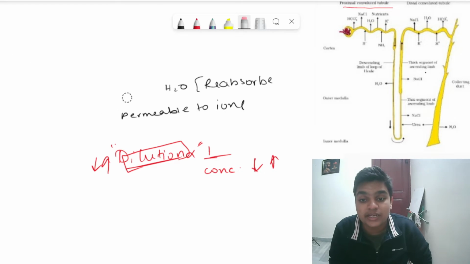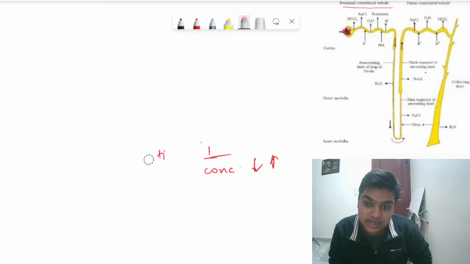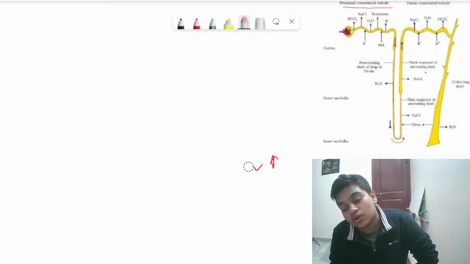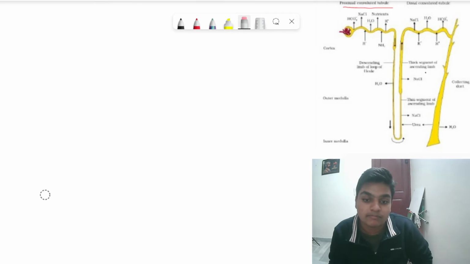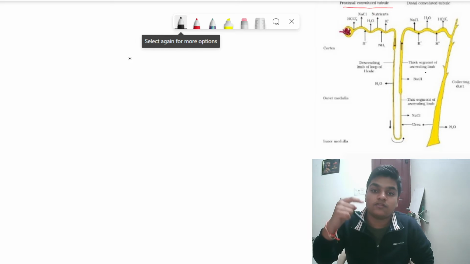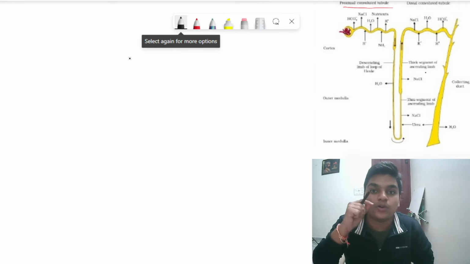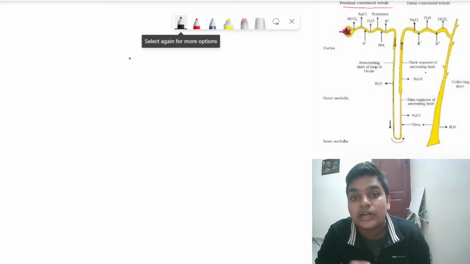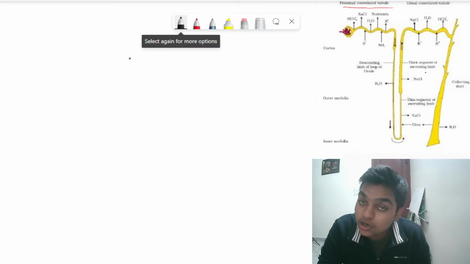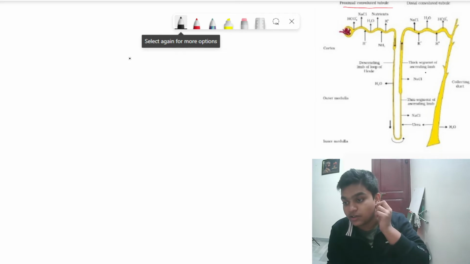What is being reabsorbed in the descending limb? Water. What is neither reabsorbed nor secreted? Ions. They can also ask, while moving from top to bottom through the descending limb, what happens to the dilution? Decreases. What happens to the concentration? Increases with respect to the medullary fluid.